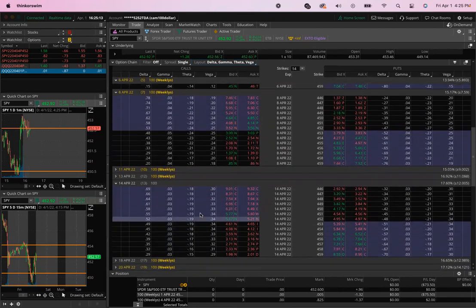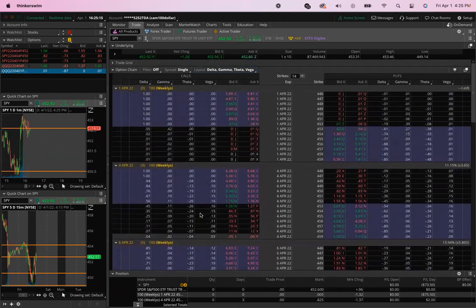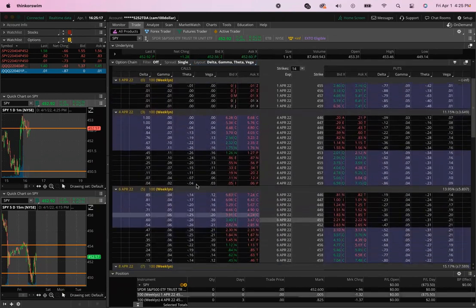So let's do a little bit of math here. I know this is a little bit of a complex topic. So basically what this means, right? We have the 453 call. When SPY's price is at, let's call it 452.50, it's at 452.57, the delta right now is 56, right?